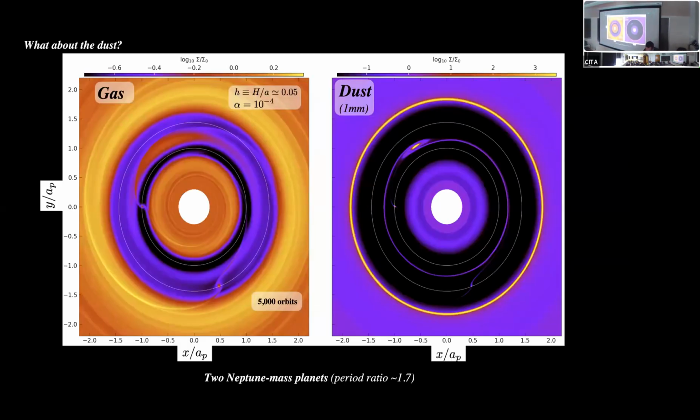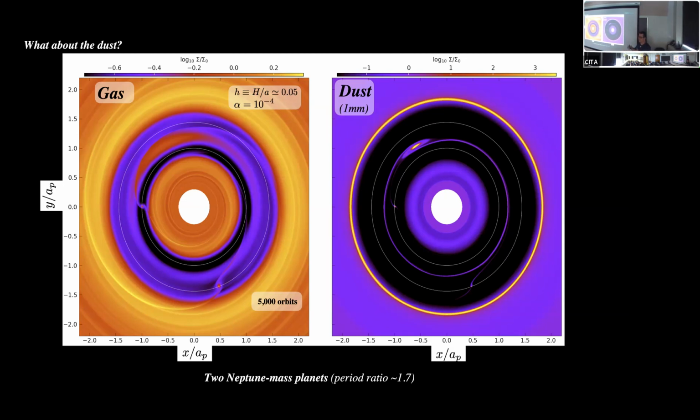Okay. So the final question, if you want to tackle and compare these two observations, is to ask, what happens to the dust here? I have only talked about the gas. So now this is a Cartesian model. This is actually tailored to Neptune and Uranus.